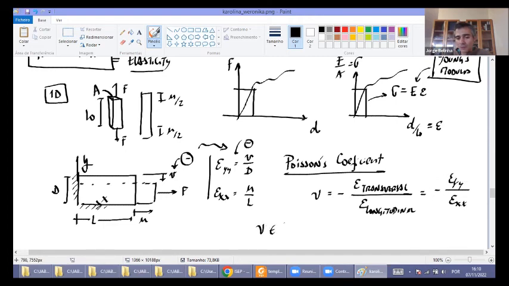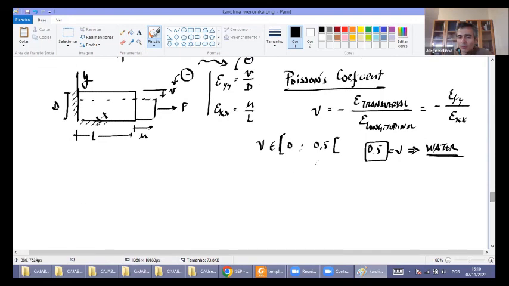The Poisson coefficient is a value between 0 and 0.5, okay? A 0.5 material is an incompressible material like water, for example. So generally, we don't use 0.5. You use it, for example, for soft materials, 0.999, but never 0.5, because 0.5 is an incompressible material.